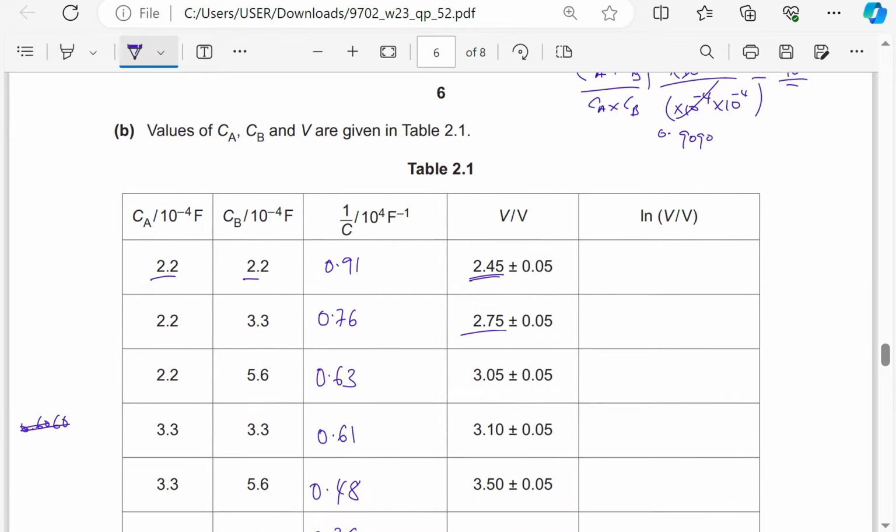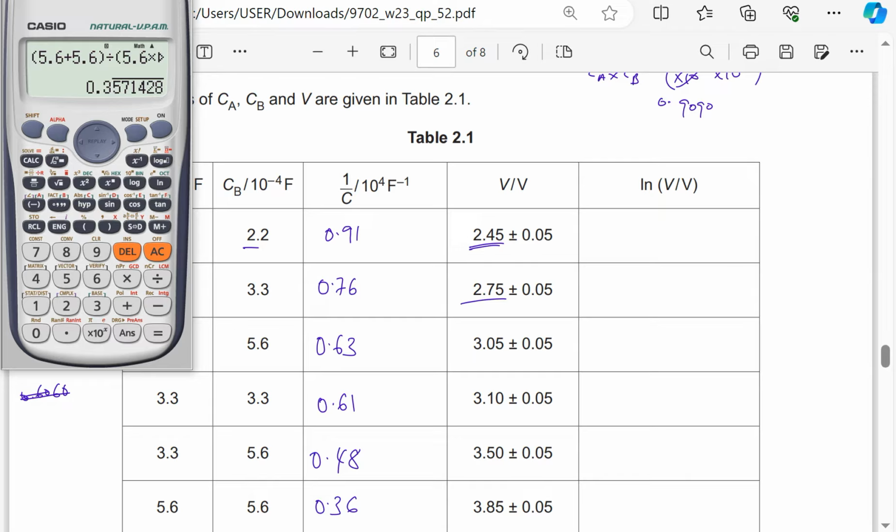You can increase the number of decimal places, but you cannot reduce. So I can say ln of 2.45. Those are three significant figures, so I'll give the answer to 3 decimal places or more, but I'll just record 3.